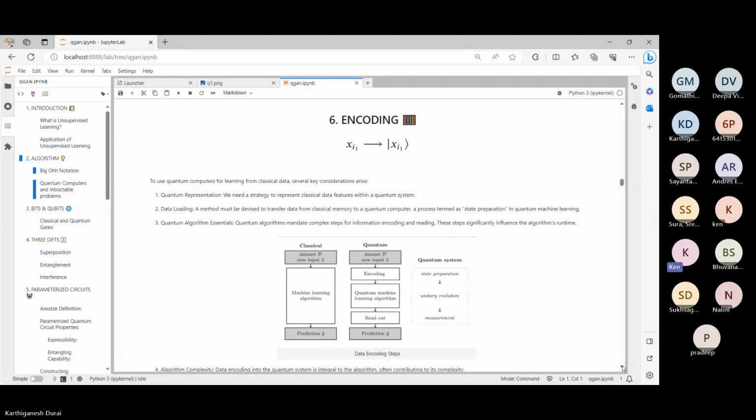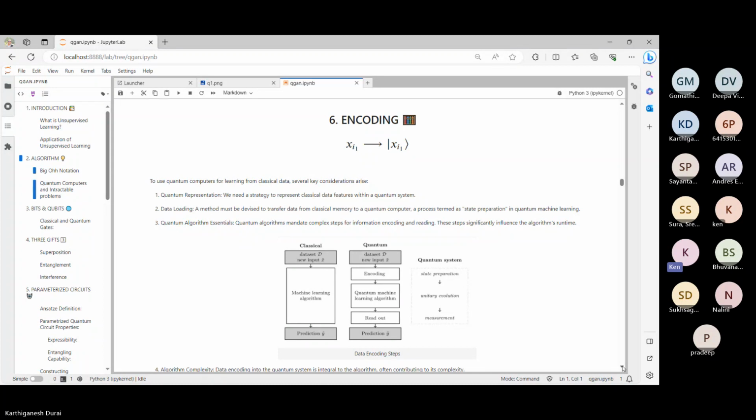Okay, and so that entire block in there is the state preparation, the unitary evolution, meaning how our state moves through that circuit. And finally, we need to take a measurement on that and then make sense of it and probably hand it over to a classical optimizer.